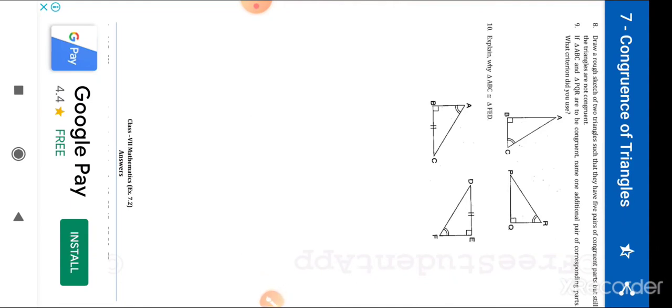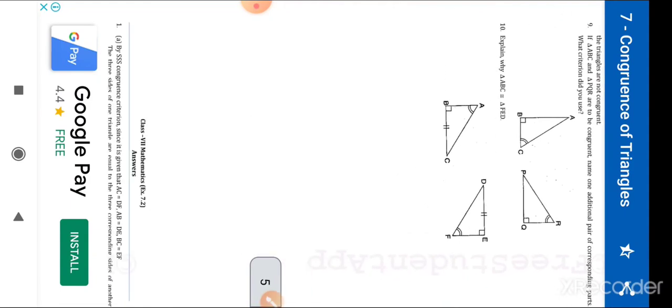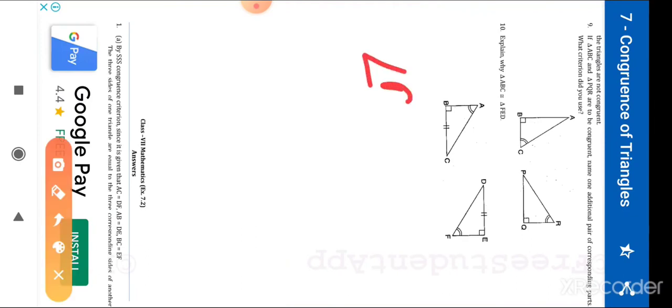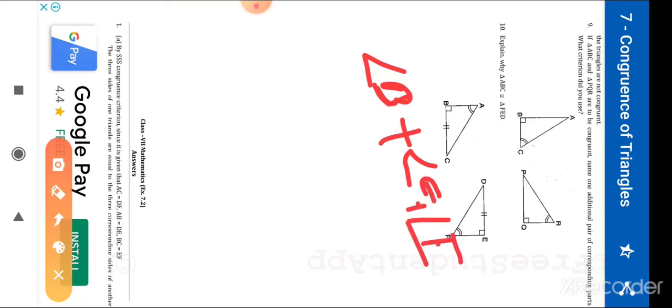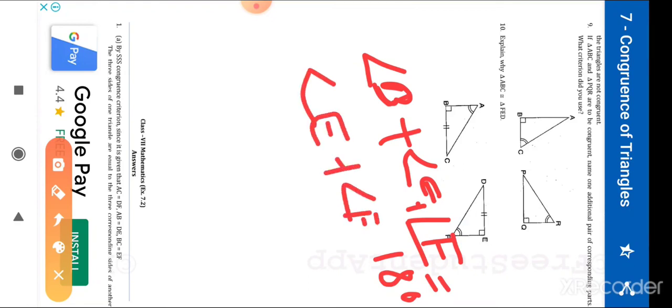So we have angle D plus angle E plus angle F is equal to 180 degrees. From here we can conclude that angle E plus angle F is equal to 180 minus angle D.